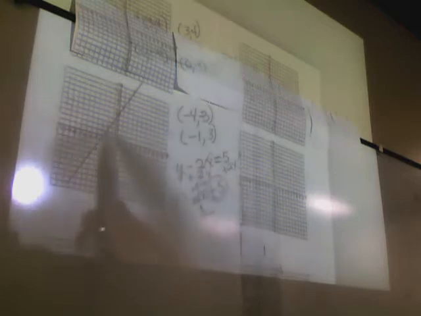After you connect them, we'll plot these points it gave us, the -4, -3. That might fall on the graph. Let me see, our slope was 2. We went 2, 1, 2, 1.